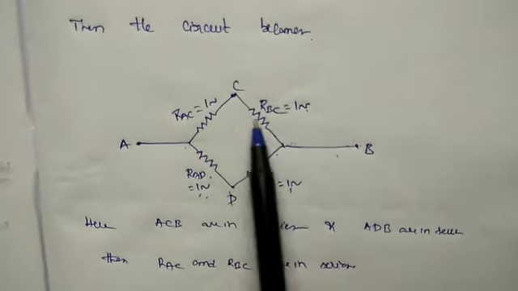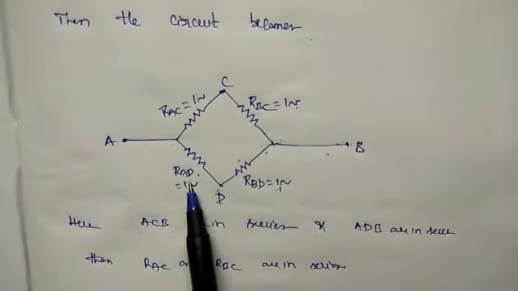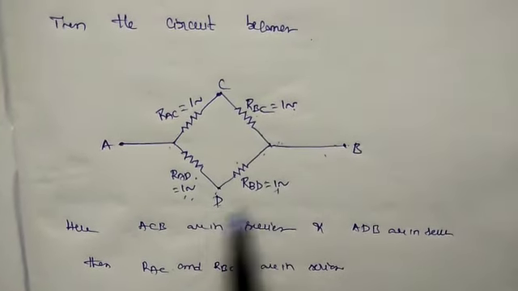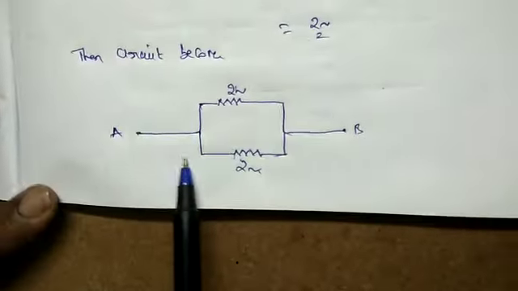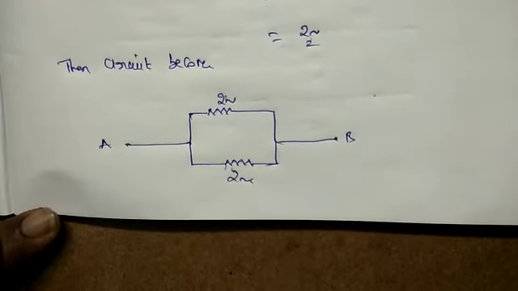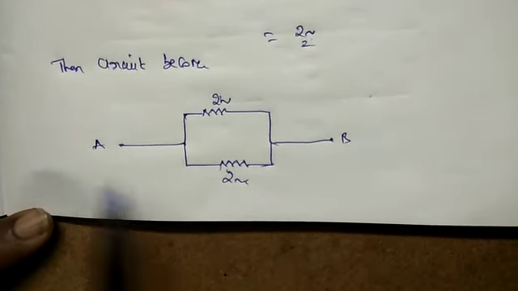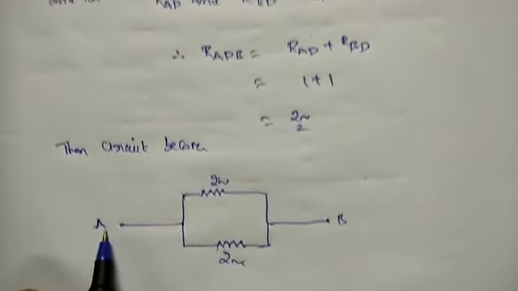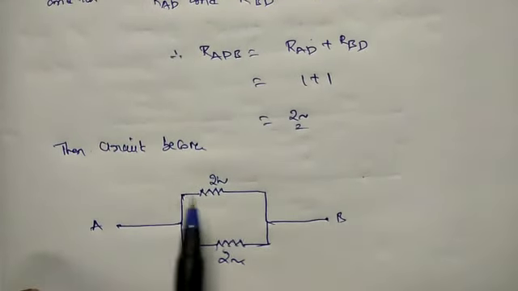These two 1 ohms in series give 1 plus 1, 2 ohms. This 1 ohm and this 1 ohm in series also give 2 ohms. So that's why I draw this type of diagram, 2 ohms, 2 ohms. Simplification of the circuit diagram is very simple. Clear?